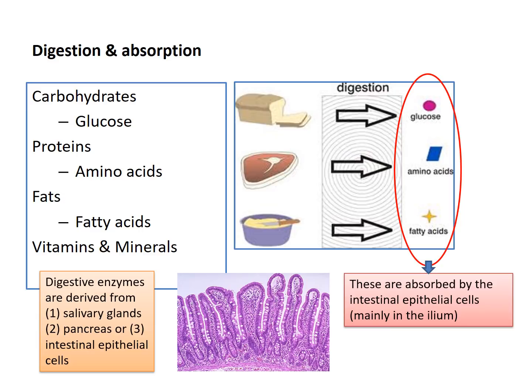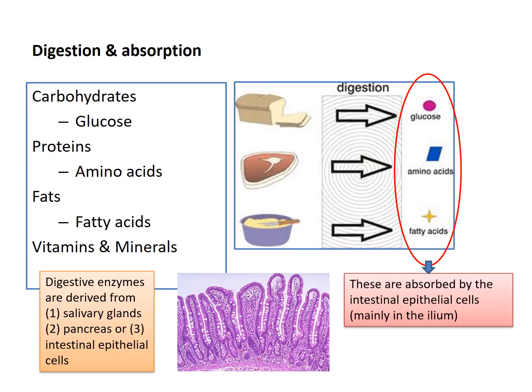And those small nutrient molecules then are going to be absorbed by the intestinal epithelium, primarily found in the jejunum and the ileum. If you look at the mucosal surface of the small bowel, you can see that it has a number of these projections referred to as microvilli.